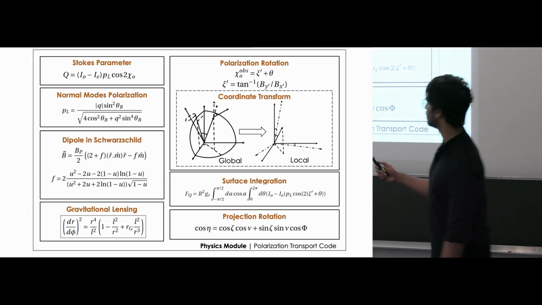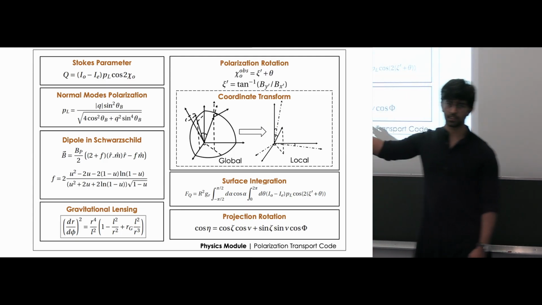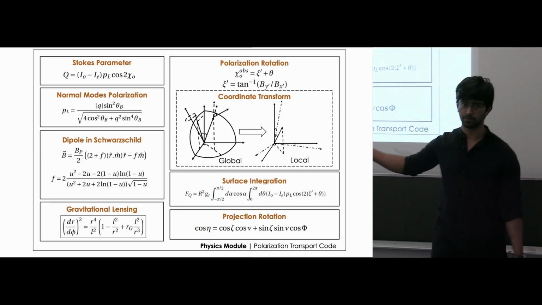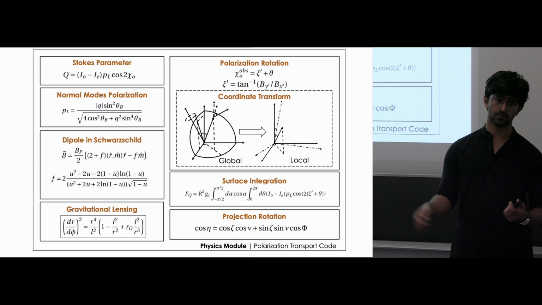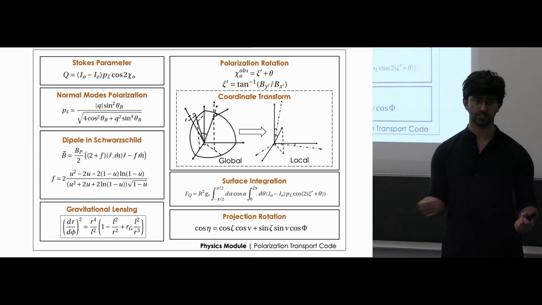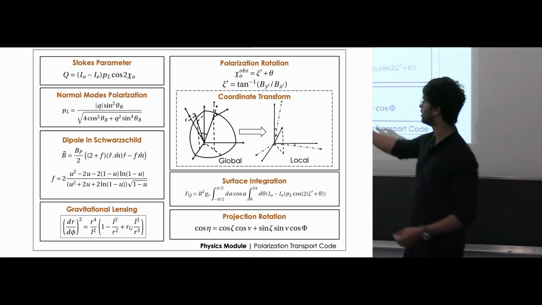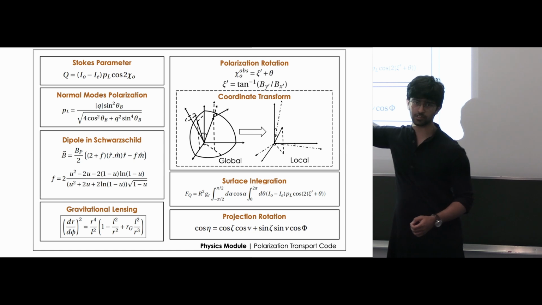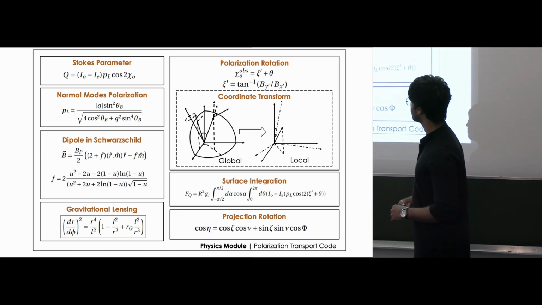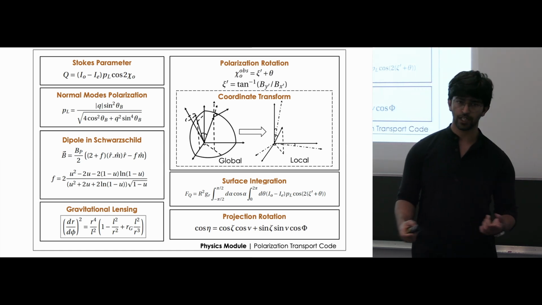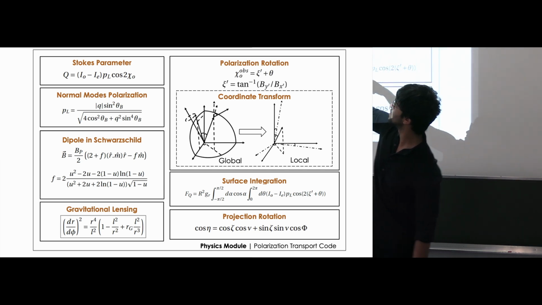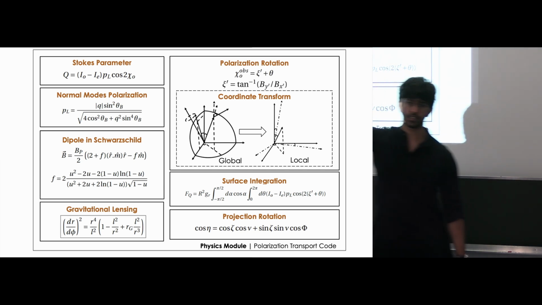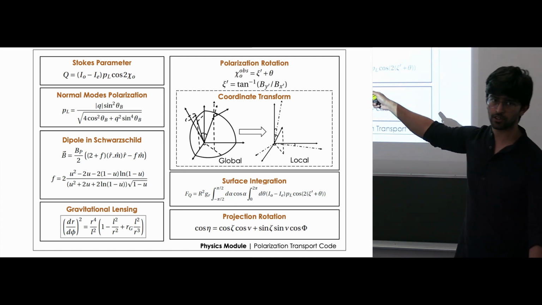Yeah. So well, one, the magnetic field is a dipole, of course. It's a dipole in Schwarzschild, so the dipole gets distorted because of the general relativistic corrections, which the code does account for. That's the expression which the code uses. And then for the variations in hotspots, as I mentioned, the way it works is that there are the IO and IE, which are intensities in ordinary and extraordinary modes.